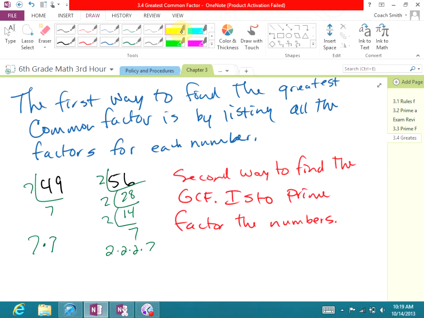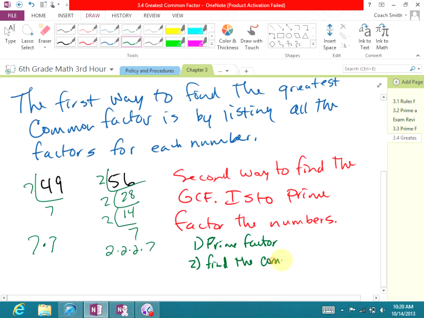Now, what you do next, first you must prime factor them. Step 1, prime factor. Step 2, find the common prime factors.